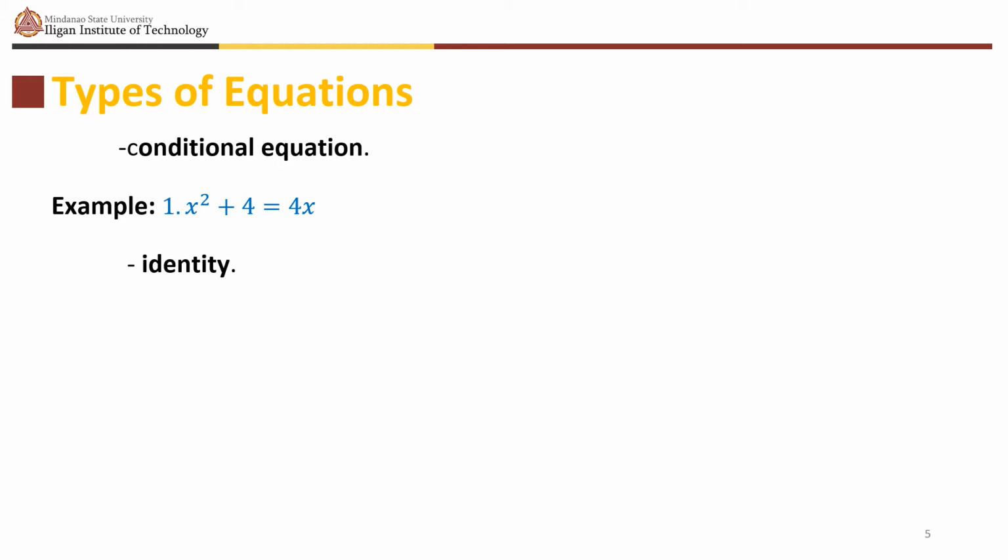An identity is an equation for which the solution set is true for all real numbers. For example, we have 5x over 5 is equal to x. Notice that 5 over 5 will give us 1, so we actually have x is equal to x.